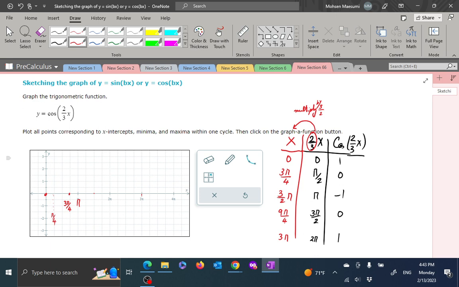So 3 pi over 4 will be here. And 3 pi over 2 is the same as 6 pi over 4, that will be here. 9 pi over 4 is 9 of these blocks. So I have 4 and 4 and 4. It's all going by the same distance. And the last one is 3 pi, that is here. So make sure your points are equally spaced.